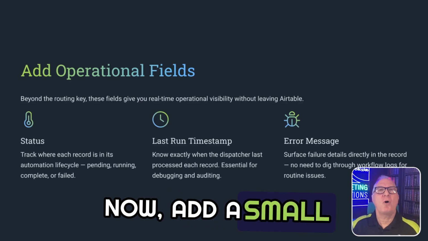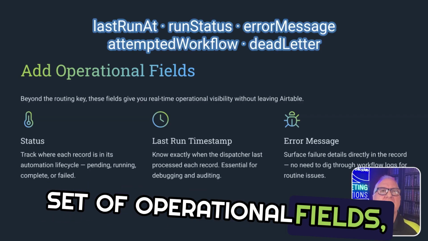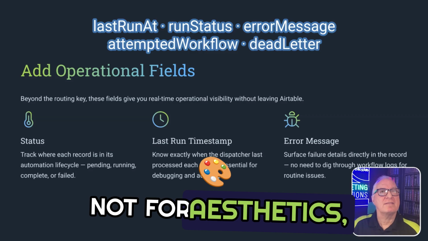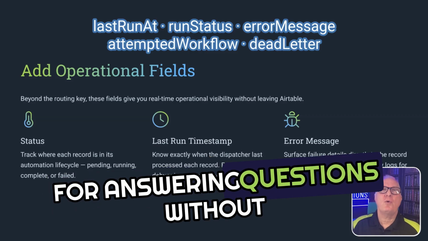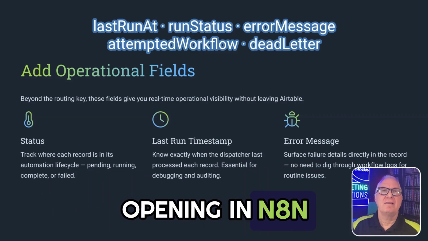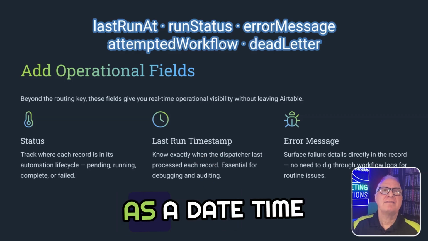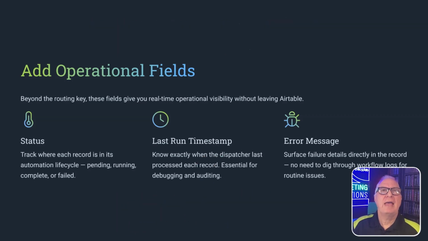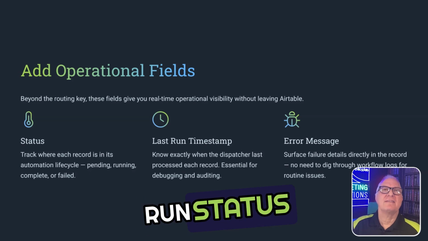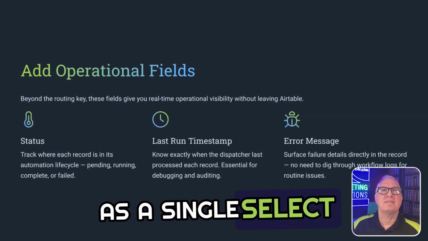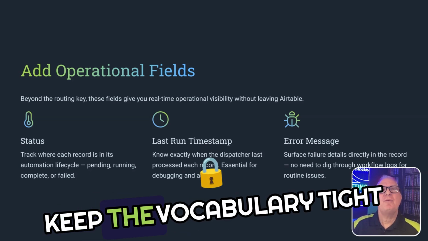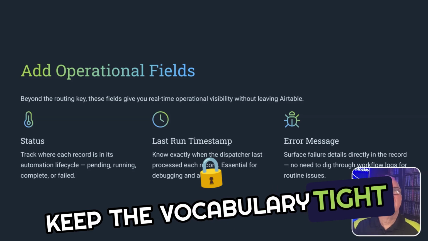Now, add a small set of operational fields, not for aesthetics, for answering questions without opening NAN. Add last run at as a datetime. Add run status as a single select. Keep the vocabulary tight.